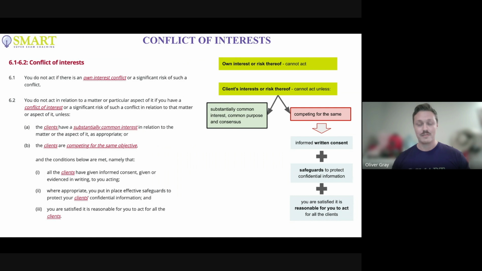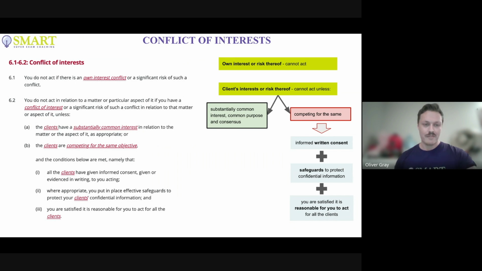They're not working together to, for example, facilitate a transaction where everyone wants the same thing and there's no longer anything to be negotiated. So the first thing is that we need to identify whether there is a conflict, whether it's a conflict between two parties or a conflict that we ourselves, or even our firm, might come into. And then we can look at whether there's any applicable exception to that.